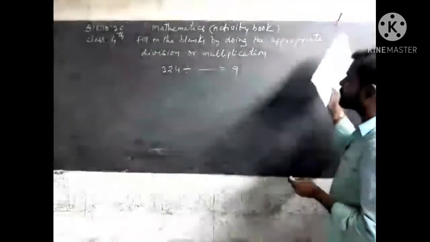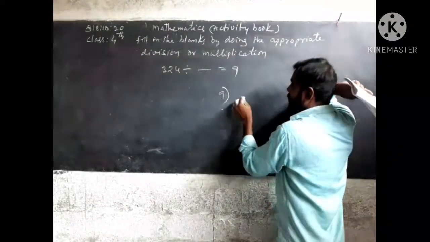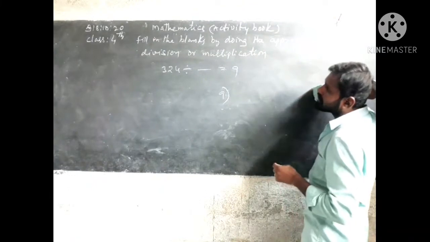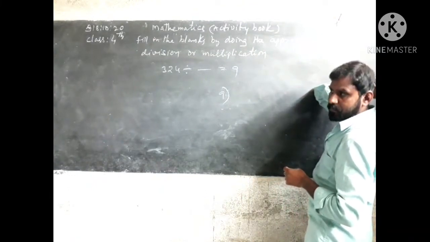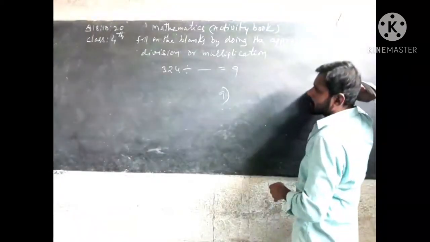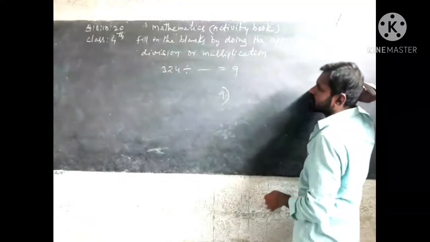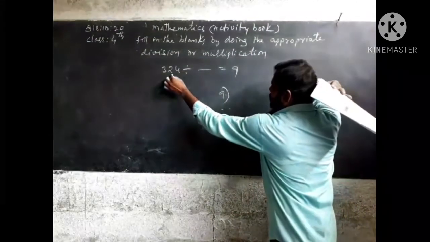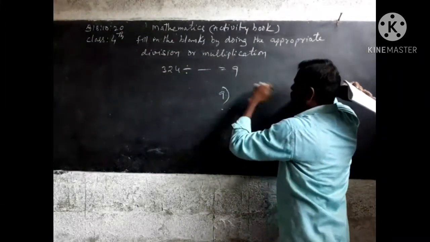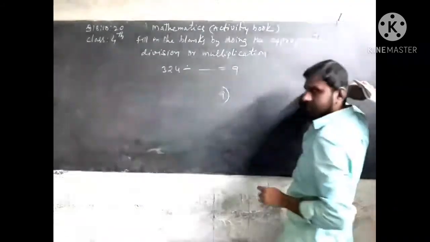So here we have to take division, not multiplication. So you can find the divisor. Quotient into divisor you can get dividend. But here there is no divisor. So this dividend is divided by quotient, you can get divisor.